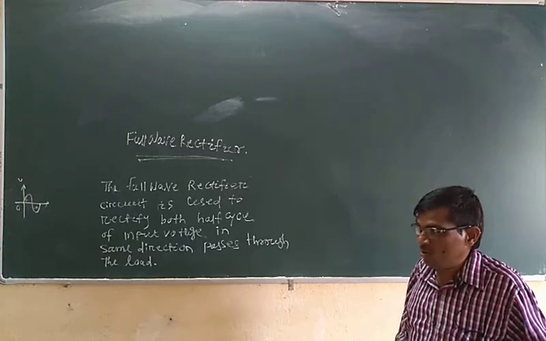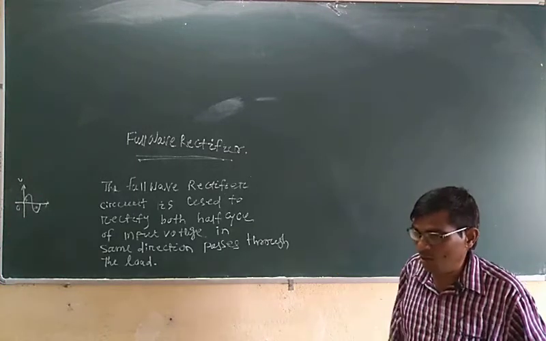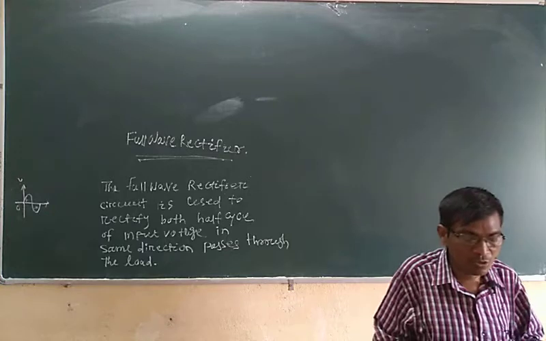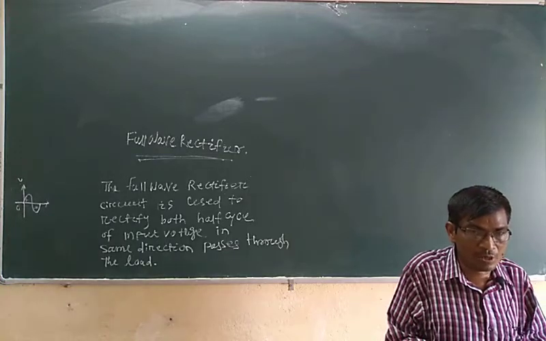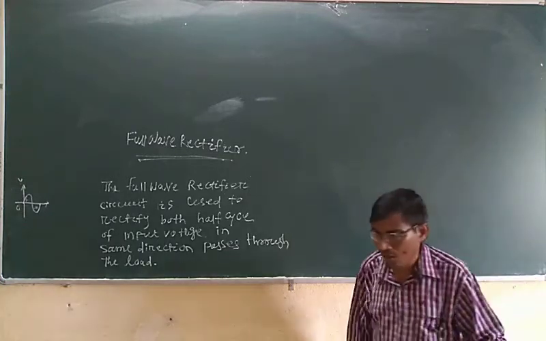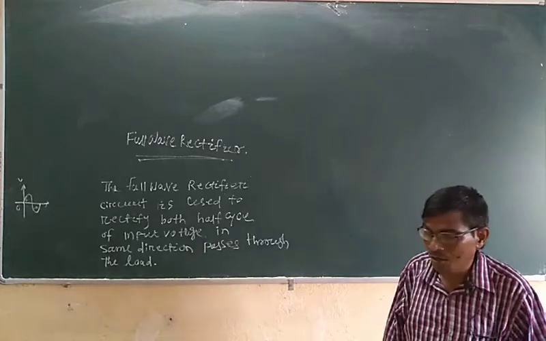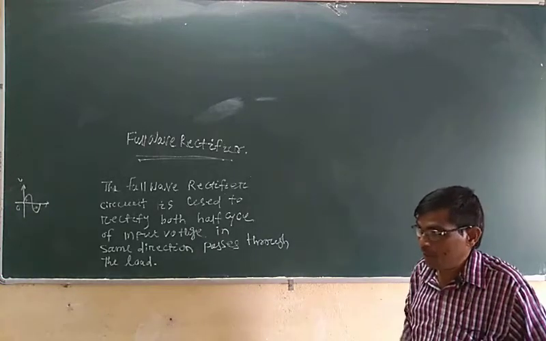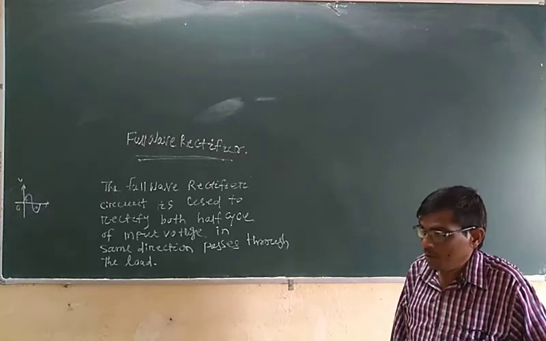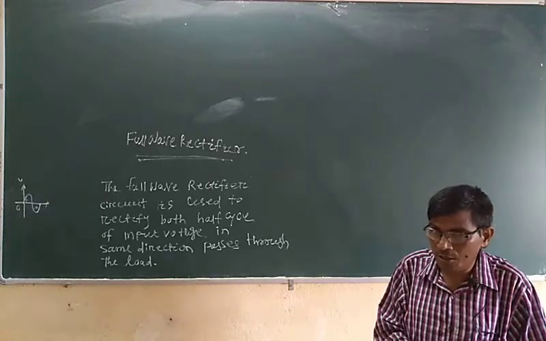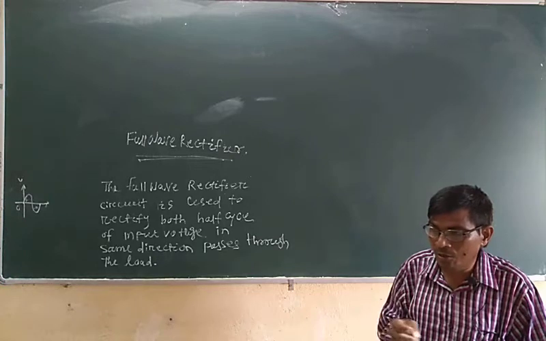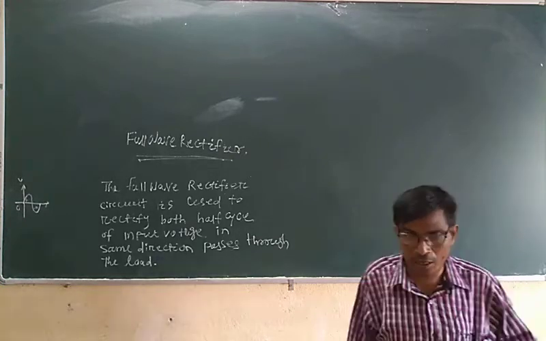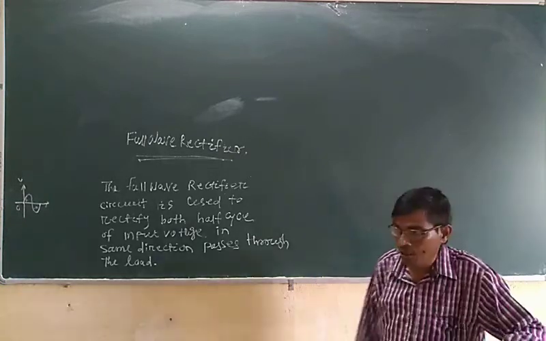So only the positive half cycle passes through the load, but in the negative half cycle the diode is reverse biased and is off, so it does not conduct any current through the load.